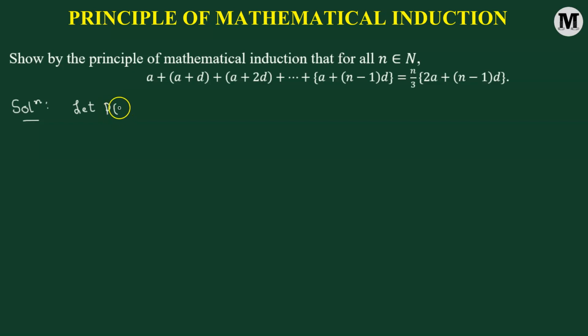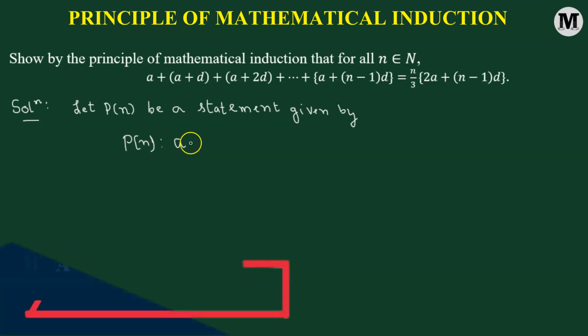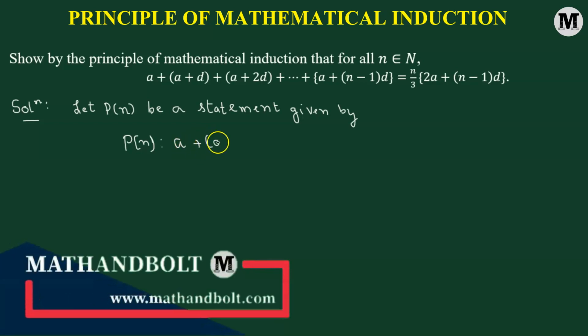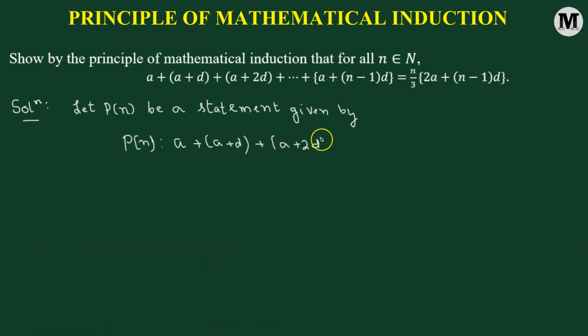Let us suppose that Pn be a statement given by P of n such that we have a plus (a plus d) plus (a plus 2d) going all the way up to the last term, which is the nth term, a plus (n minus 1) times d, and it's given here that this sum equals n over 2.